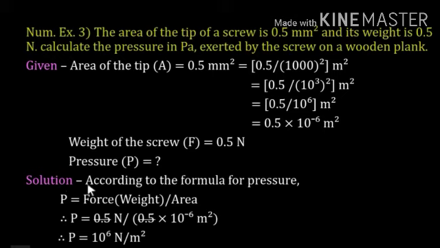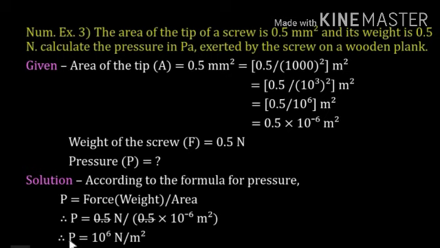Now the solution: according to the formula for pressure, P is equal to force, that is weight of the object, divided by area. Therefore, pressure is equal to force, that is 0.5 Newton, divided by area 0.5 into 10 raised to minus 6 meter square, that is to be put here.